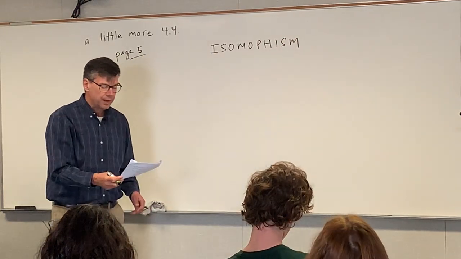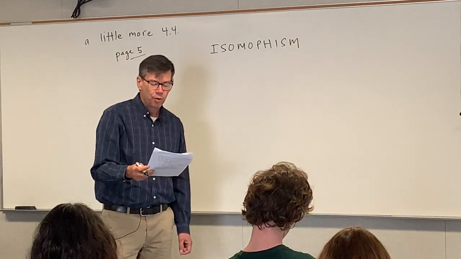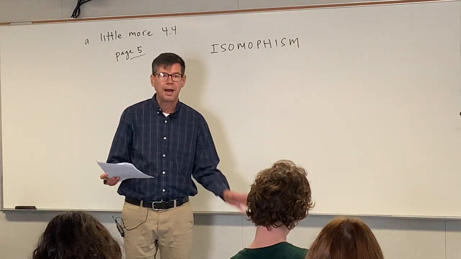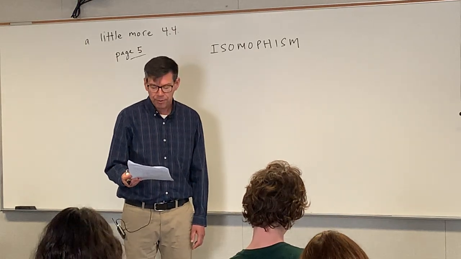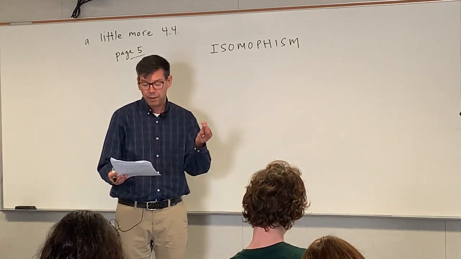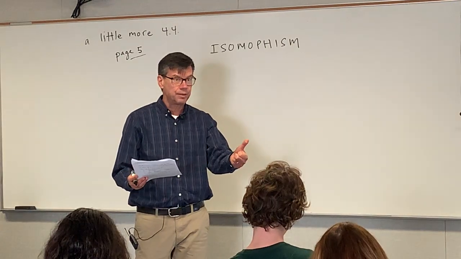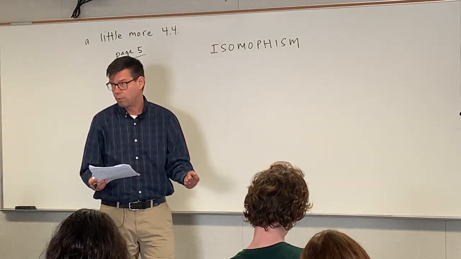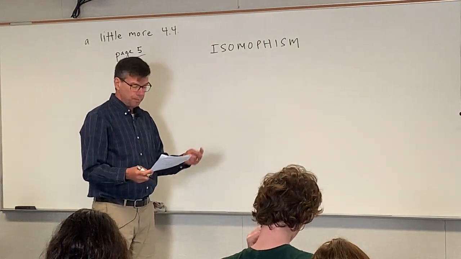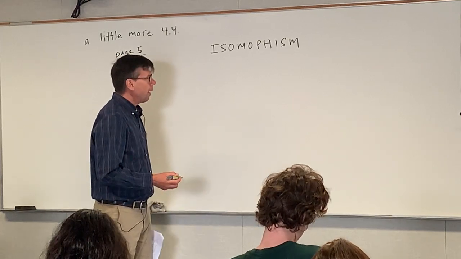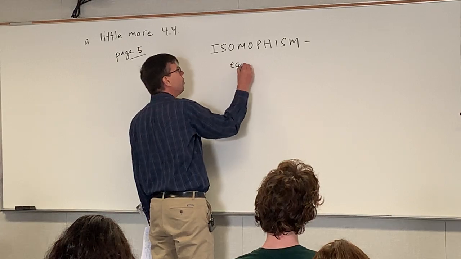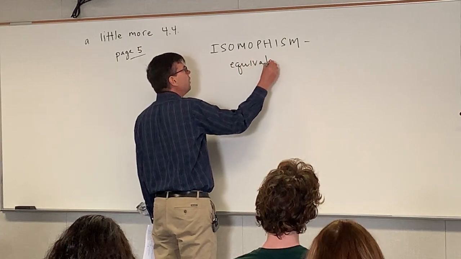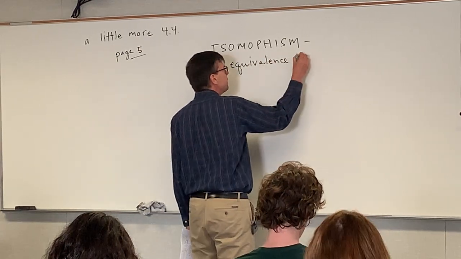On the handout, we just say a linear transformation that is both one-to-one and onto is called an isomorphism. So if both those properties are satisfied, well, three things in a way. It's got to be a linear transformation, it's got to be one-to-one, and it's got to be onto. Isomorphism is the word we use for equivalence of vector spaces.